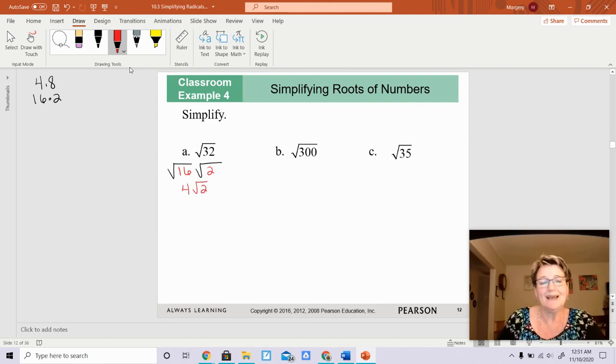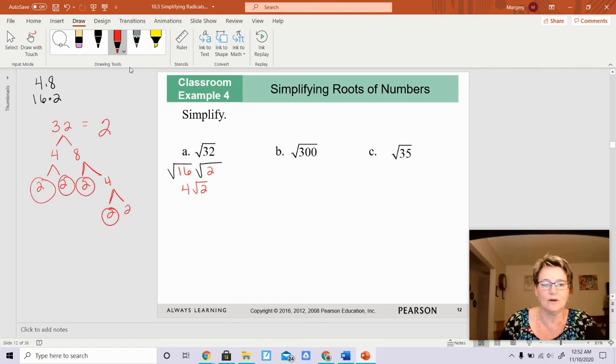Now, another way to do this problem is to take all your primes. 32 is 4 and 8. 4 is 2 and 2. 8 is 2 and 4. And 2 and 2. So 32 is also equal to 2 to the 5th power. There's 1, 2, 3, 4, and 5.